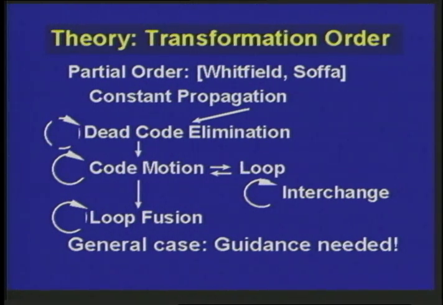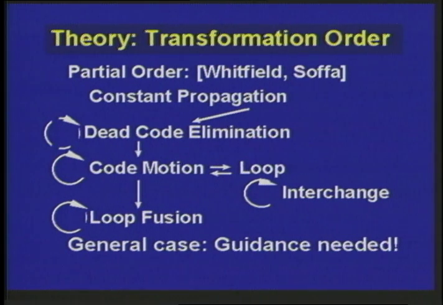Now, there are a couple of things to notice about this picture. One thing is that it only has common transformations in it. It doesn't include everything, and people are always inventing new transformations, so there's room in this picture to add things. The other thing is that there are loops here.